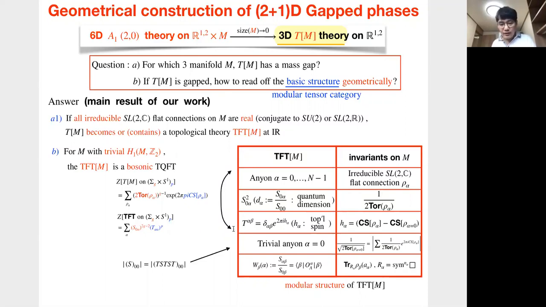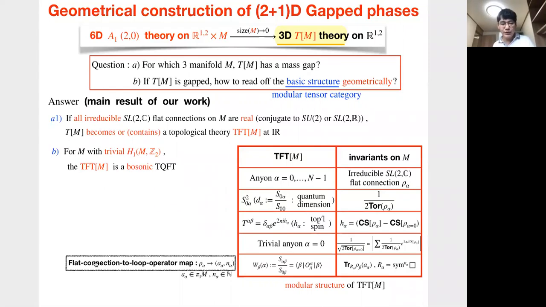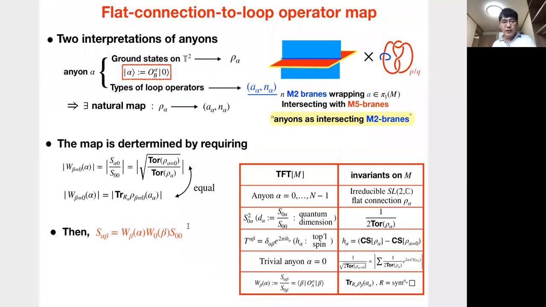As Satoshi mentioned, this only determines the first column of the S matrix, but to obtain the full S matrix, we should study the flat connection to loop operator map. So I briefly explain what this map is. As I mentioned, the anyon has two interpretations in topological field theory. One is that it can be regarded as a ground state on the torus.